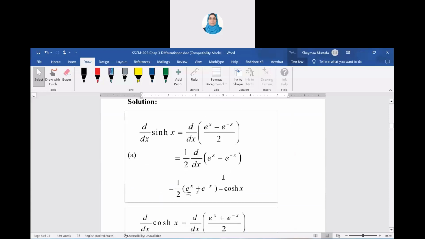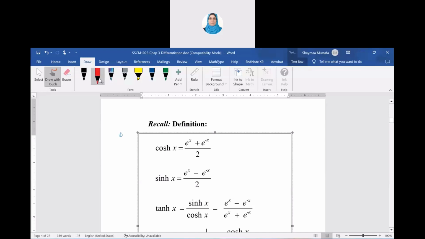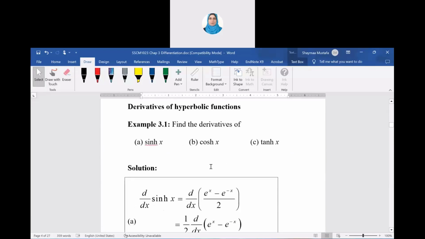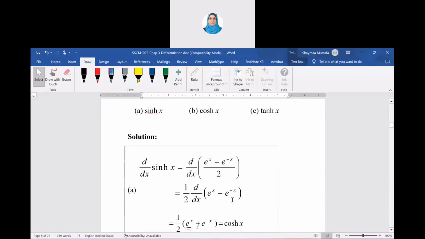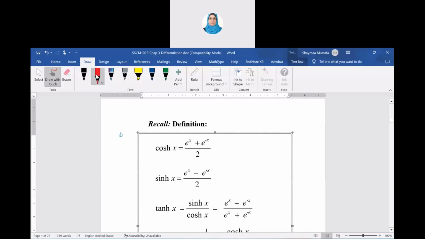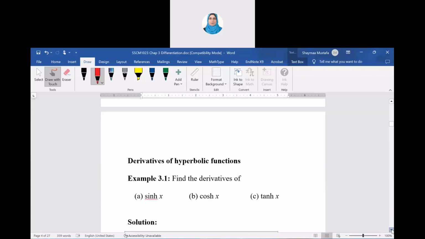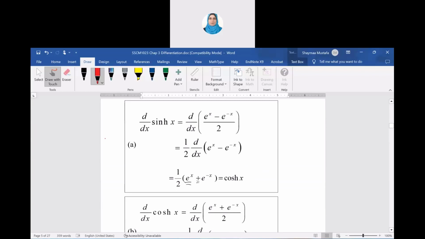The derivative for e^(-x) is equal to e^(-x), the same function.